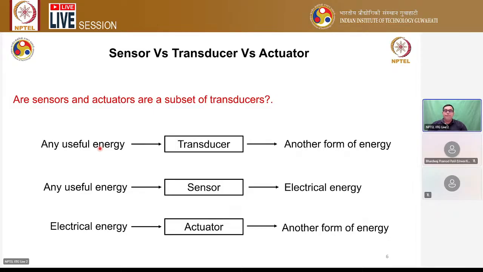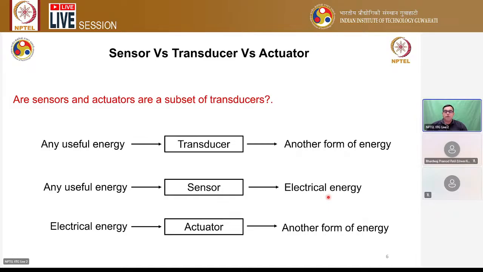Then we defined a sensor, which uses the concept of conversion of any useful energy to electrical energy, right? So what you are doing here is transforming, say, chemical energy to electrical energy, heat energy to electrical energy, mechanical energy to electrical energy.